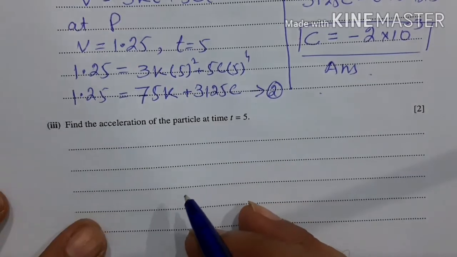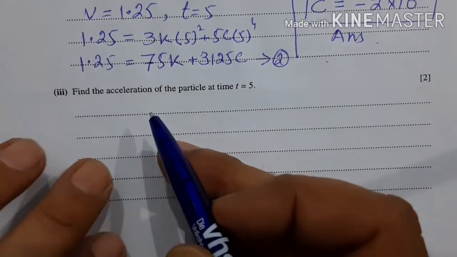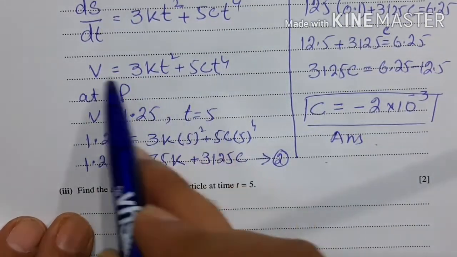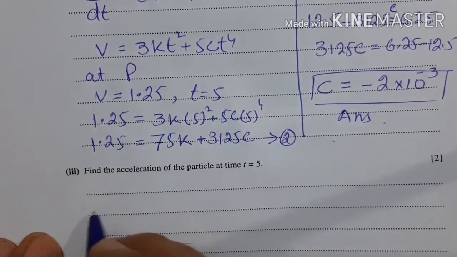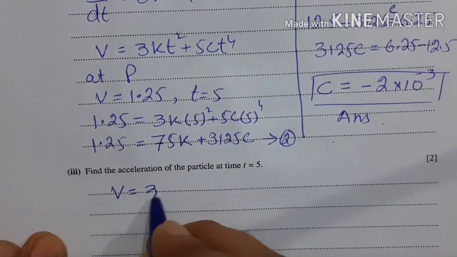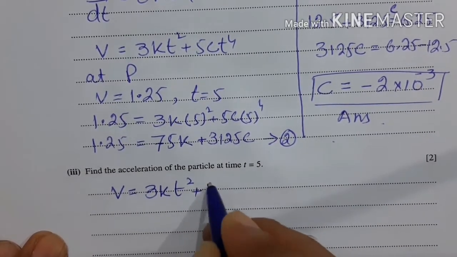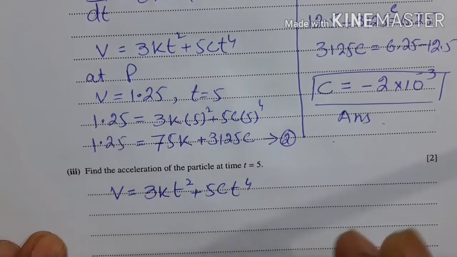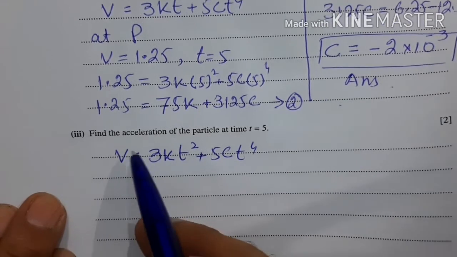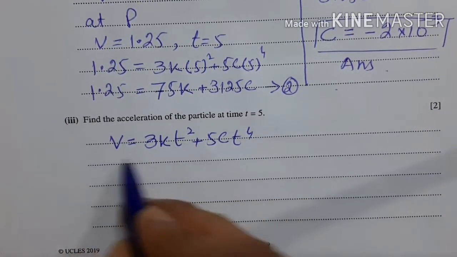So part 3 is find the acceleration of the particle at t is equal to 5. Okay, so for acceleration we'll use this velocity equation. What is the velocity equation? v is equal to 3kt squared plus 5ct to the power 4. We know acceleration means the rate of change of velocity over time, so I'll differentiate this v with respect to t again.